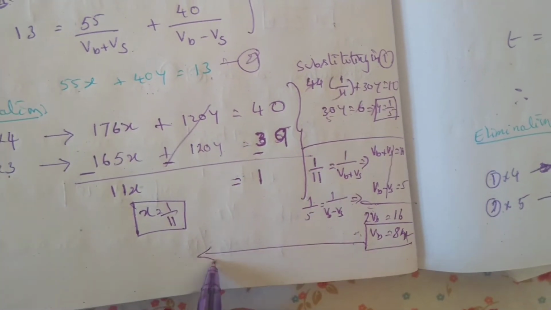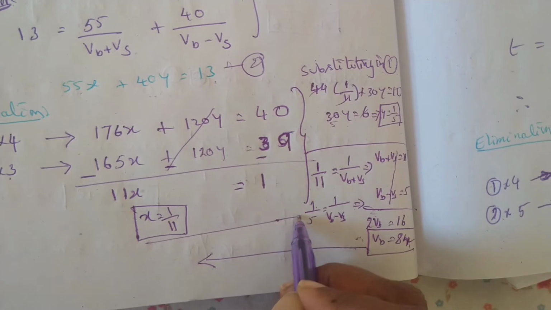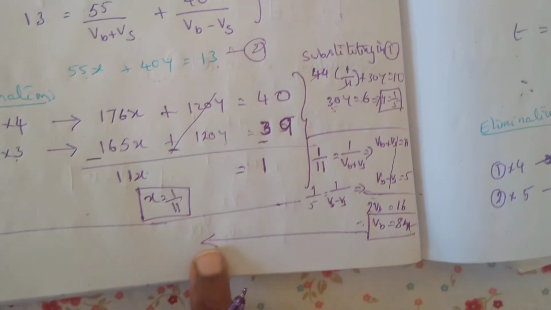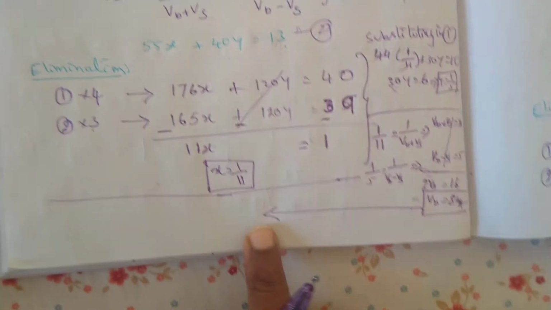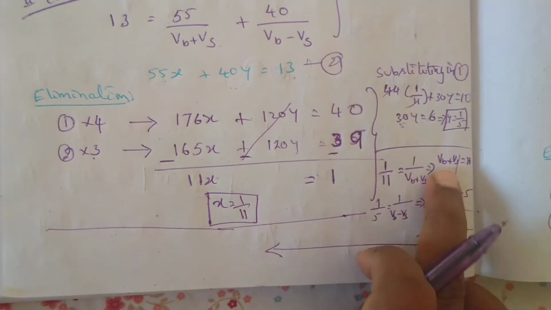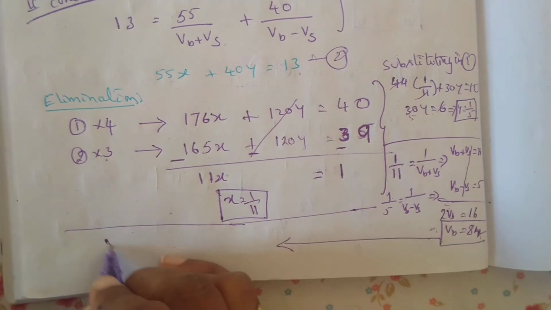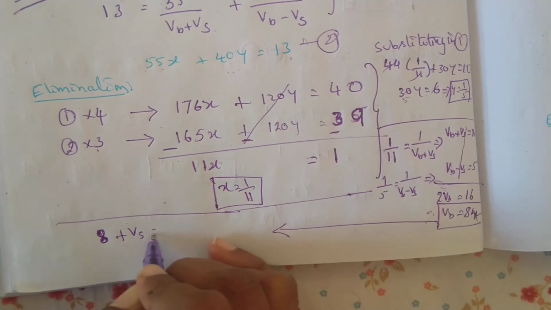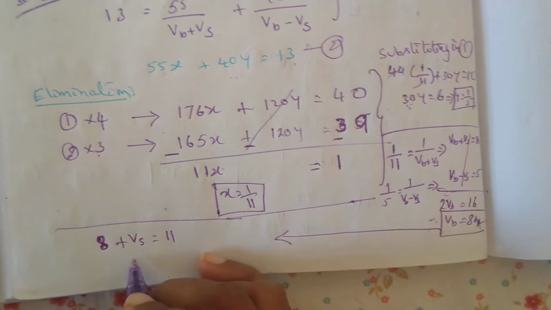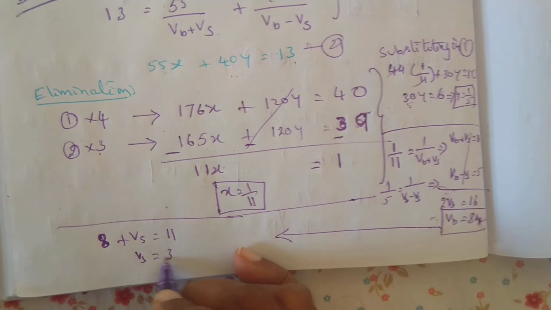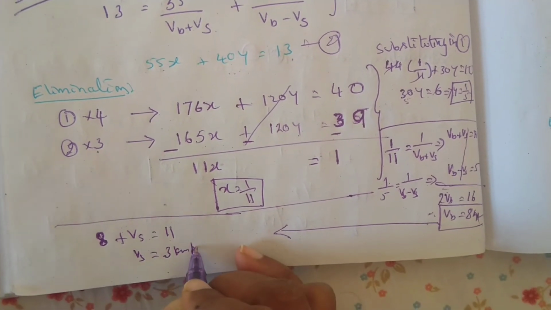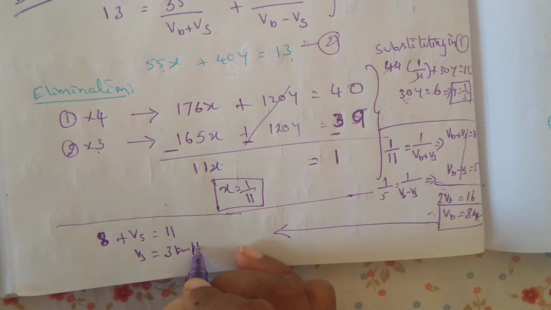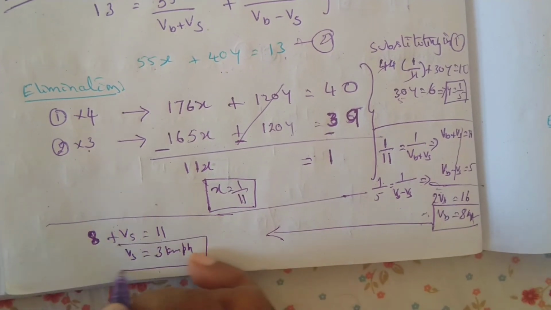So now, substituting the VB value in any one of the equations, VB plus VS is equal to 11. So VB is 8, plus VS is equal to 11, or VS is equal to 3 km per hour. Okay, children.